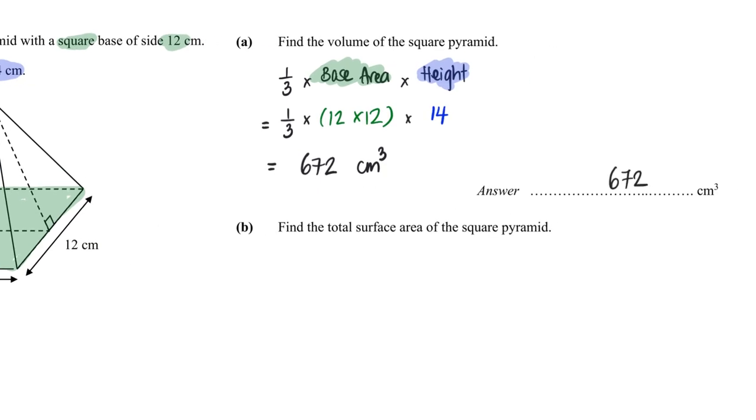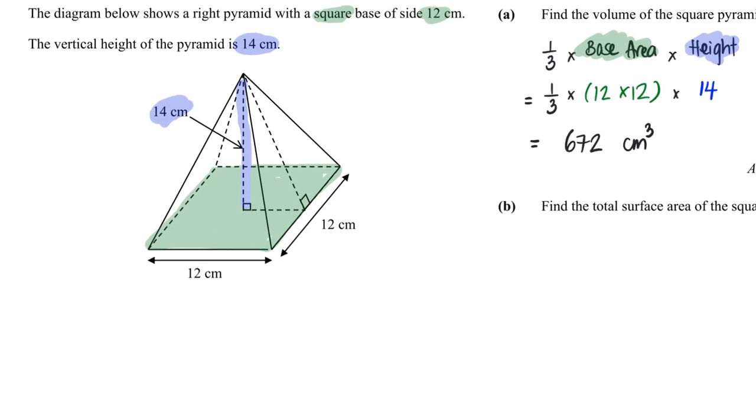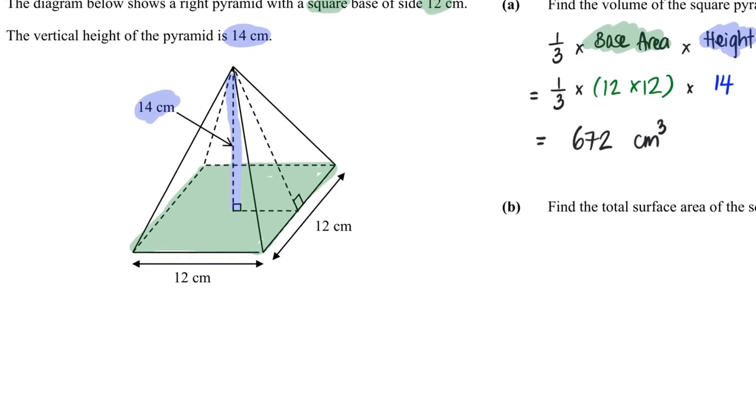Find the total surface area of this pyramid. Do take note, we do have a square base, and we also need to find the triangles. And how many triangles are there? 4, right?